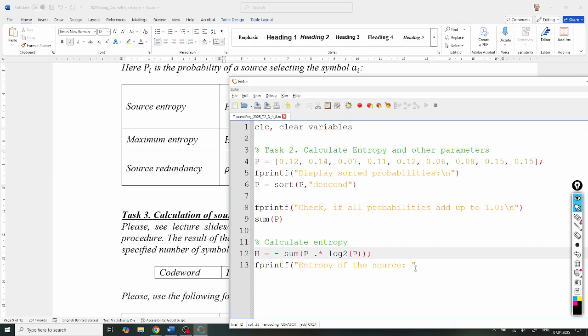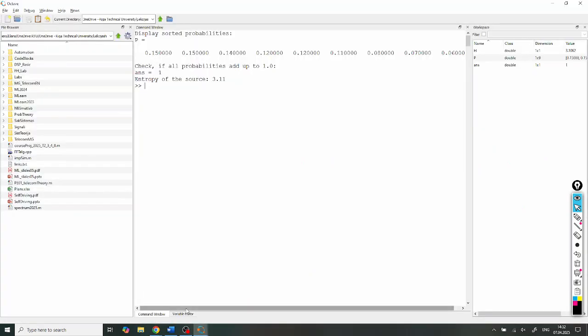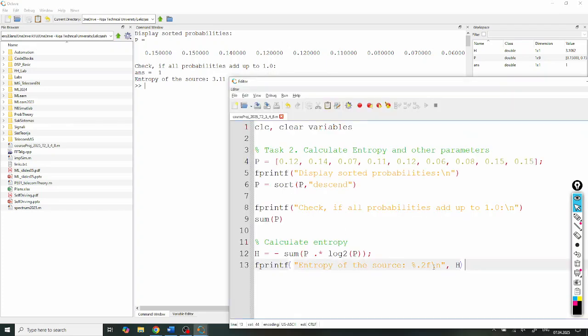I'm going to put the semicolon here, and instead I'm going to show this as a 0.2 floating number with 2 symbols after the comma, and that is going to be this h, and also a new line. So that's going to produce some output for us. Let's check if I didn't make any mistakes. So the entropy of the source is 3.11. Actually, let's also add units like bits per symbol.